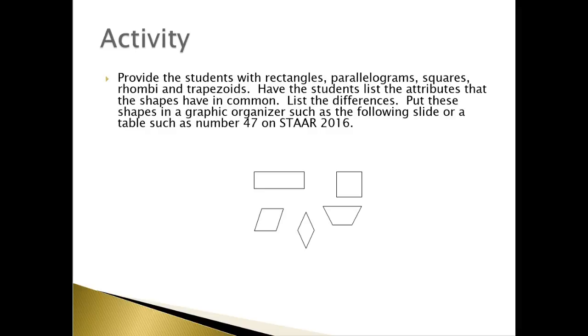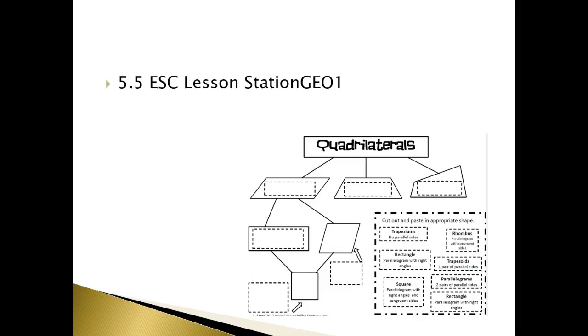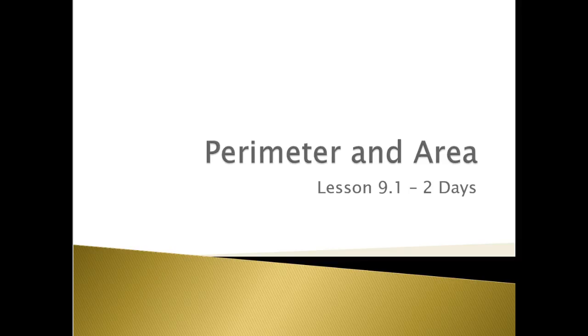They can either put these in a graphic organizer or in a table. So a graphic organizer such as this, or even a table, as we saw in the STAAR items. This particular activity that you're seeing now is also available in Eduphoria.